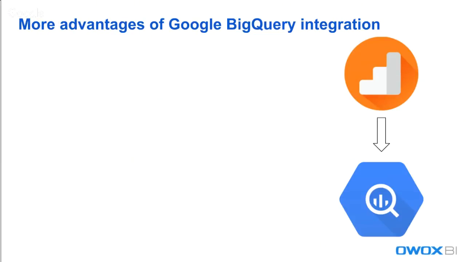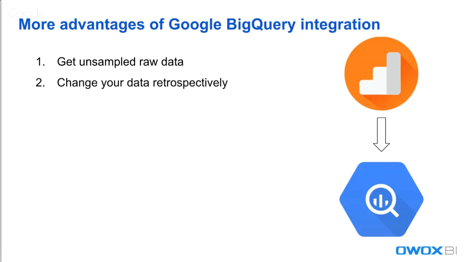More advantages of Google BigQuery are that you can get unsampled raw data, and the data can be changed retrospectively. What it means, for example, is that if there was a visitor who has been visiting your website for 2 years, but only today he or she decided to authorize, in Google BigQuery you can retrospectively go back and assign the user ID or login key parameter to all those sessions that this client had.